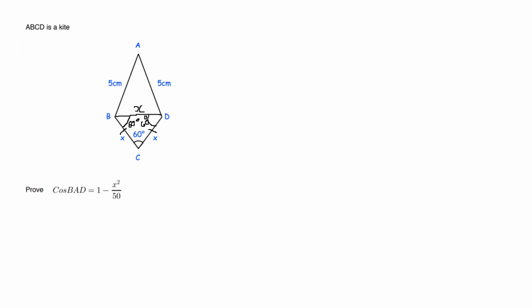And now we're going to use the cosine rule to show what cos BAD is. So if we begin, we know the cosine rule, if you remember, is a squared equals b squared plus c squared minus 2bc cos A. Now remember, B and C are the two sides that enclose the angle.